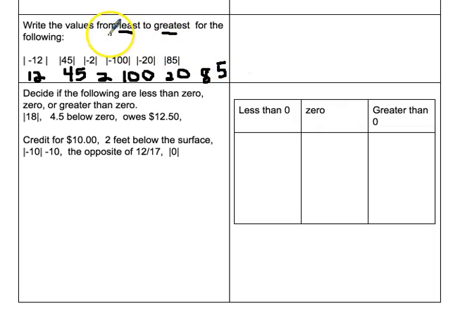Now, this wants me to write them from least to greatest, or from smallest to largest. So I'm looking at my numbers here for the absolute value, and my smallest is 2. I'm going to separate my items with a comma.